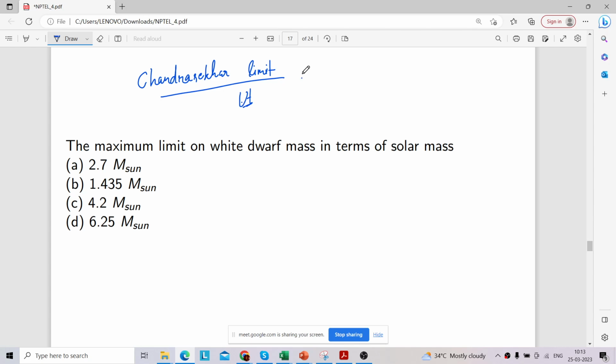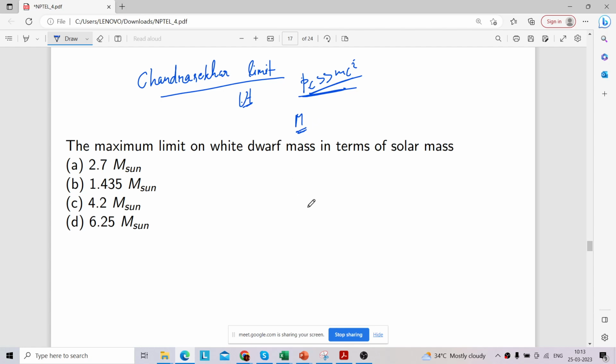That means the momentum of the particles inside the star will be very much greater than the mass of the particles, so pc will be very much greater than mc. Chandrasekhar took this approximation, and he found out a maximum limit of a white dwarf star. What happens at this limit?